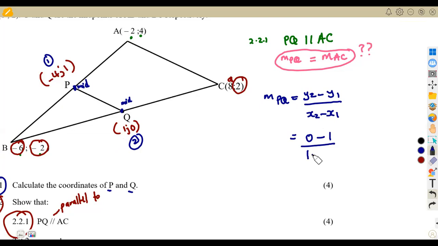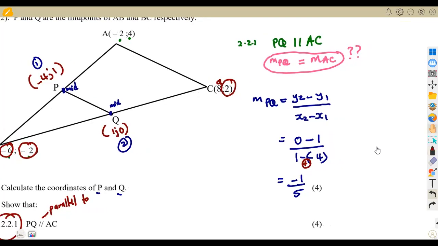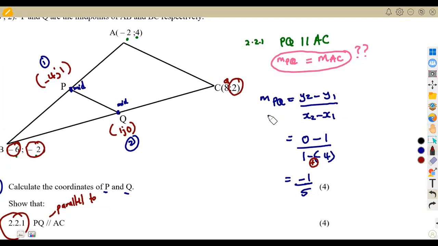So that's 1 minus -4. So you're just going to put it this way. Minus and a minus gives us a plus. So that will be 0 minus 1, which is -1, over 1 plus 4, which is a 5. Or you can just use a calculator, guys, like I presented to you before. So this is the gradient of the line PQ.